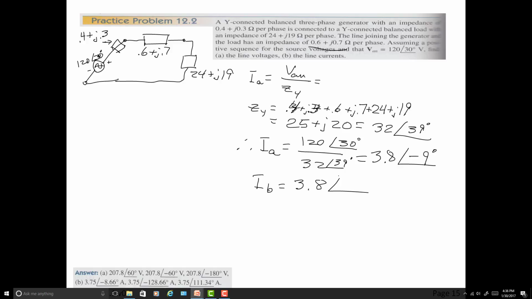Remember, A leads B, so I'm lagging 120 degrees, so this will be minus 129 degrees. And IC will be 3.8 at an angle of, if you have 120 degrees and you add 9 to it, you're at something like plus 129 degrees.